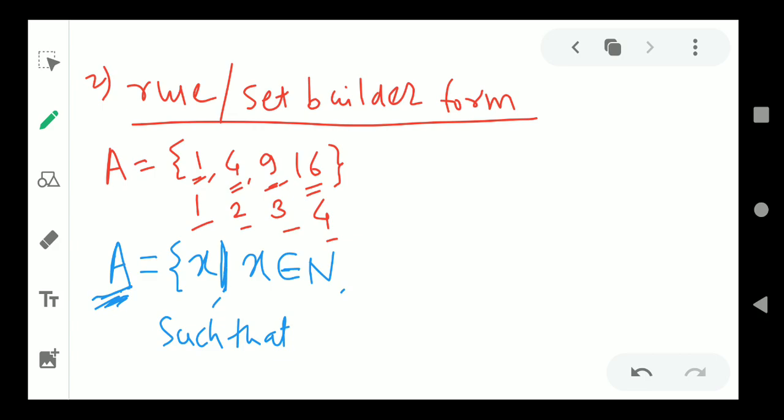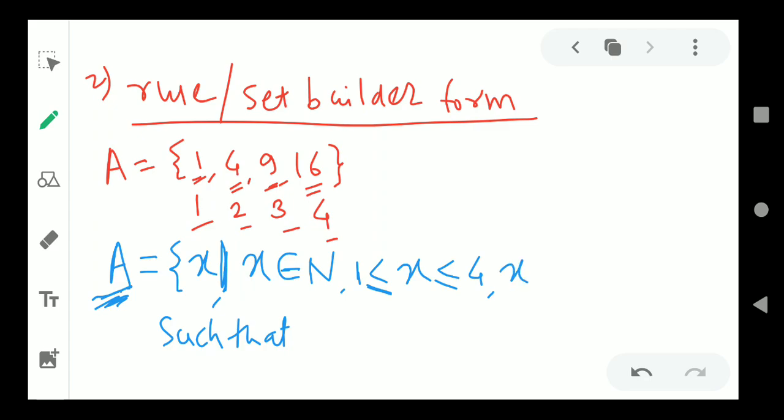And these numbers or the value of x here is equal to or greater than 1 but equal to or less than 4. And we have here the square of our natural number, means the elements are the squares of 1, 2, 3, 4.